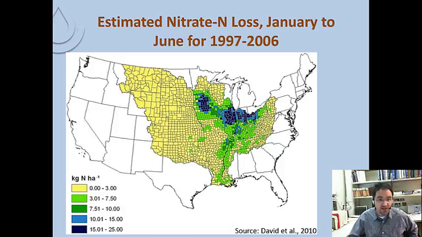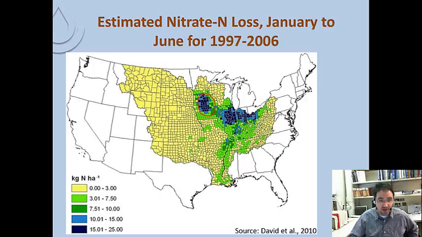And what we see is that those areas, if we think back to that previous slide on locations that had a lot of drainage, what we see are these areas in south central Minnesota, north central Iowa. In that region, a lot of subsurface drainage. Also, intensive crop production. We see a lot of nitrate loss, nitrate export from those areas.